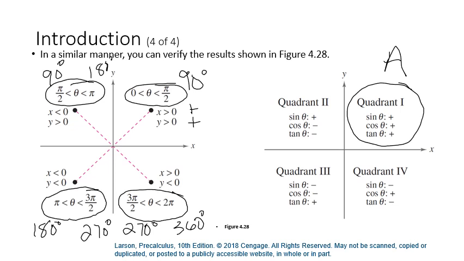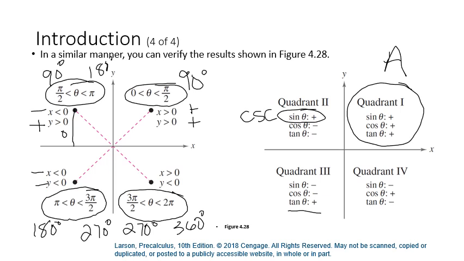In the second quadrant, our x's are negative and our y's are positive. So the trig function that is positive here is the one that deals with the y's, the opposite side. So sine or its reciprocal, cosecant, are positive in the second quadrant, where cosine and tangent are going to be negative, along with their reciprocals. In quadrant 3, we have a negative x and a negative y. So that means, as we saw in that last example, tangent and cotangent are positive, but sine and cosine are negative.